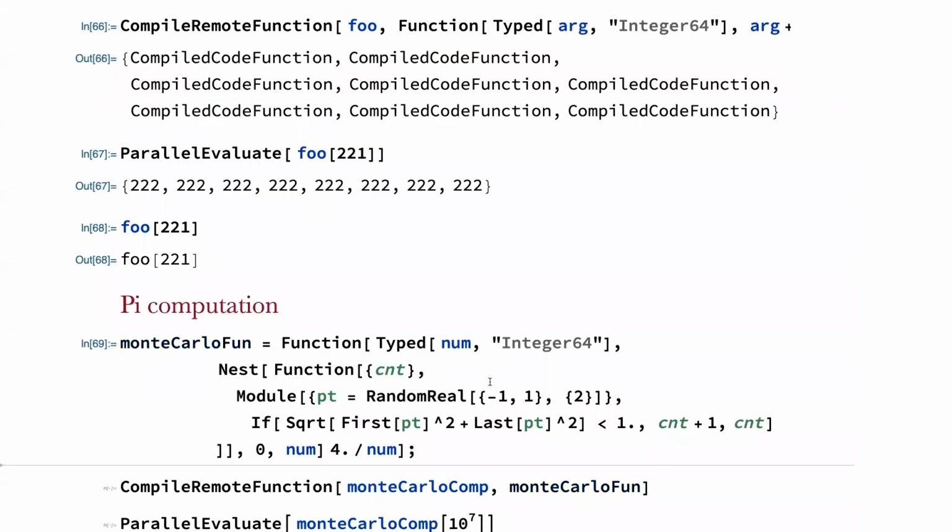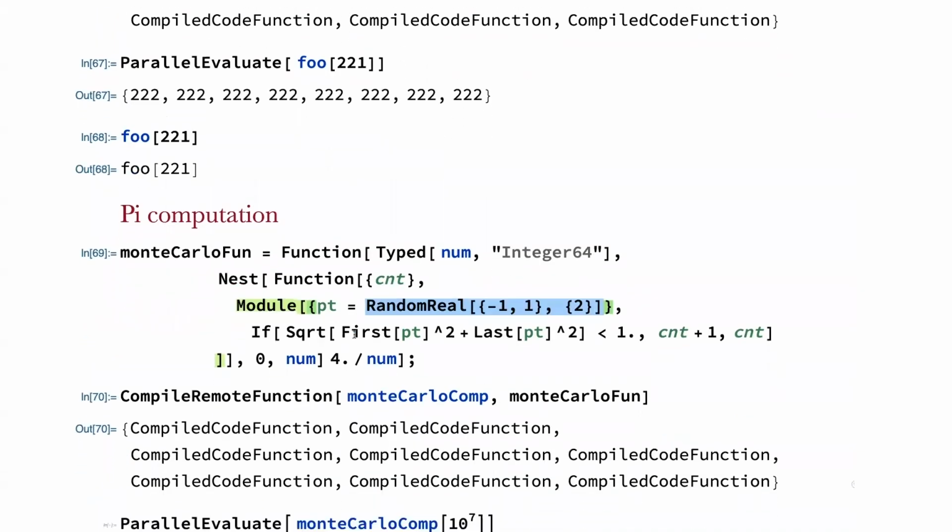Now I'm going to show, this isn't a totally exciting example, but it's some sort of Monte Carlo computation. I'm generating a random number, and then I iterate, do a number of iterations to see, I'm basically computing pi.